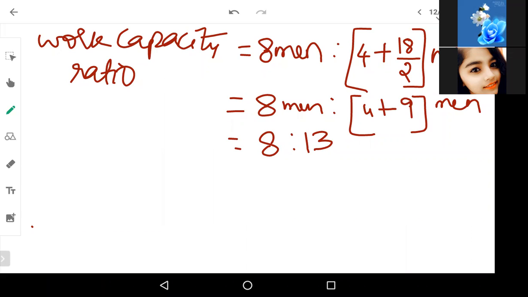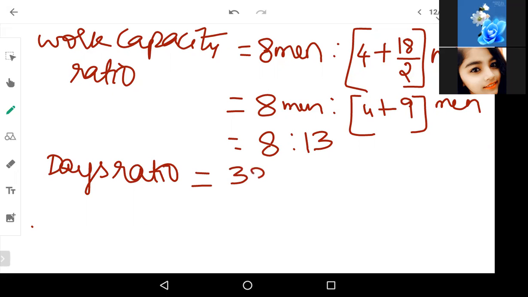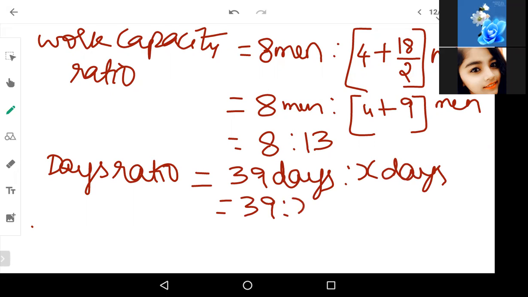Now the second ratio that we are supposed to find out is the number of days. 8 men took 39 days to finish the work, and we don't know how many days 13 men will take, so that is x days. So the second ratio will be 39 is to x.